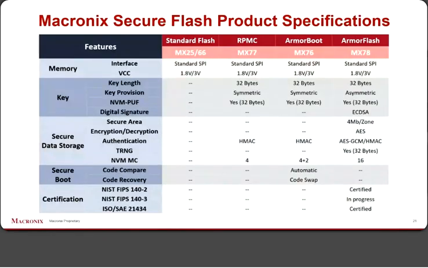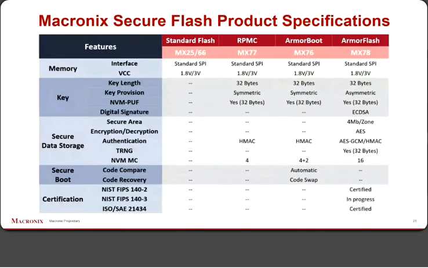And then the Armor Flash can produce an ECDSA digital signature if that's required, and the secure area is 4 megabits per zone, and this is the configurability I spoke about earlier, where you can partition memory and configure each zone to be various levels of security.